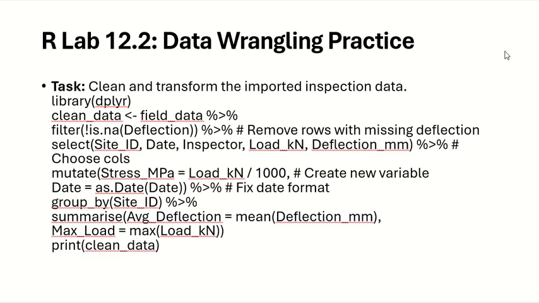So this will clean the data, and it will filter the data where there is no deflection. I believe it is the site inspection data, which has empty cells as well. The beam deflection doesn't have empty cells. It's the site inspection data, the one that goes last.